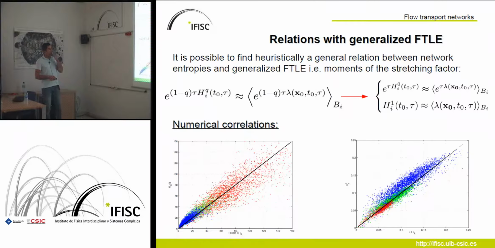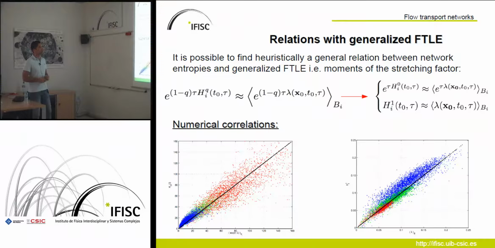Again, we can find a relationship between this object and the FTLE field. Here you can see again the relationship with the degree, and here the relationship with the Shannon entropy.